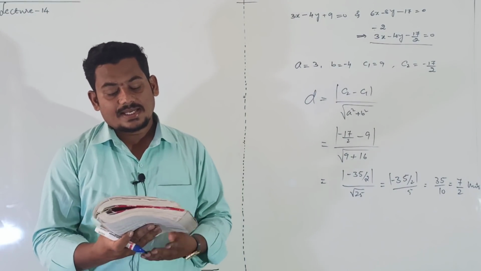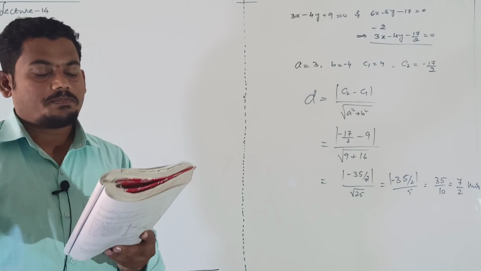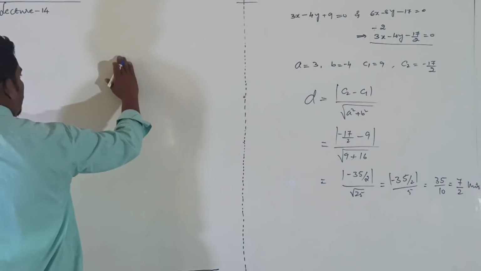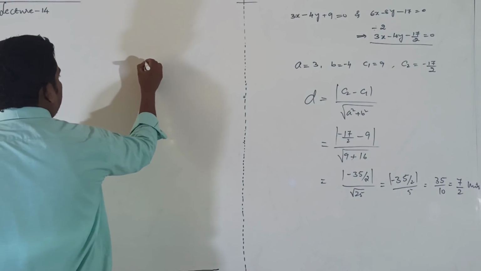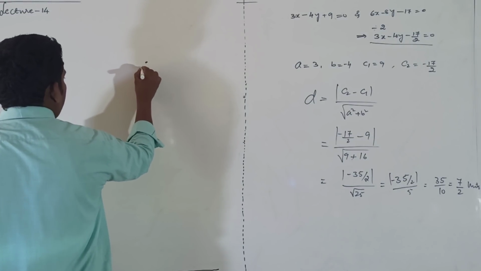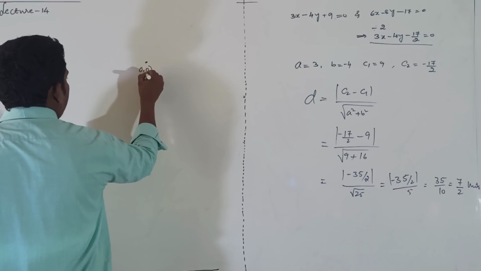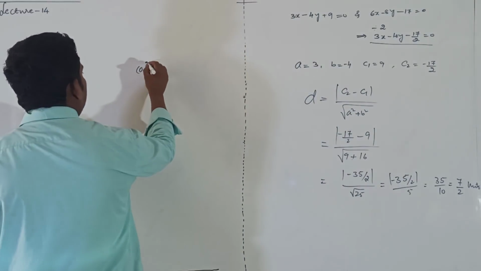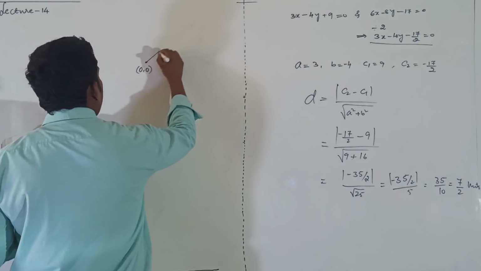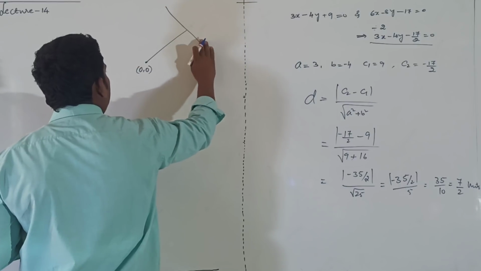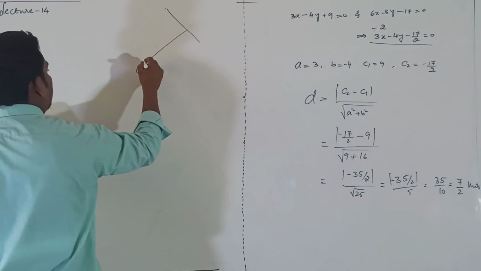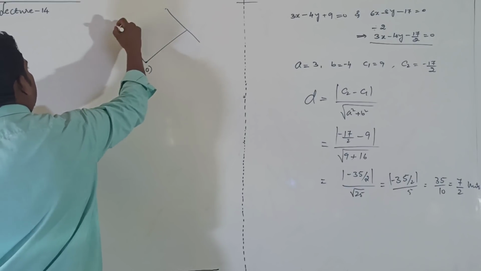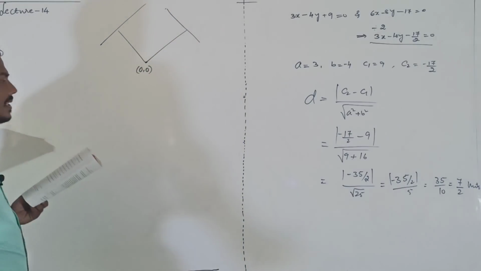Question number 16: P and Q, P is the distance between a point and a line. Take this as the origin, its coordinates are 0, 0, right? This is one line and this one is another line.